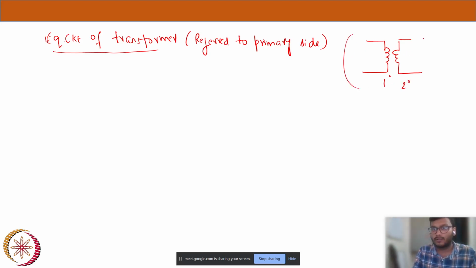Let's say this is a transformer, and now I'm trying to draw the equivalent circuit here. In the primary side, we know we have a core loss component and magnetizing current component, as well as the primary resistance and impedance. On the secondary side, that is load side, we will have the resistance and impedance of the load side, that is secondary. So I'm just combining everything and drawing it in here. You will see.